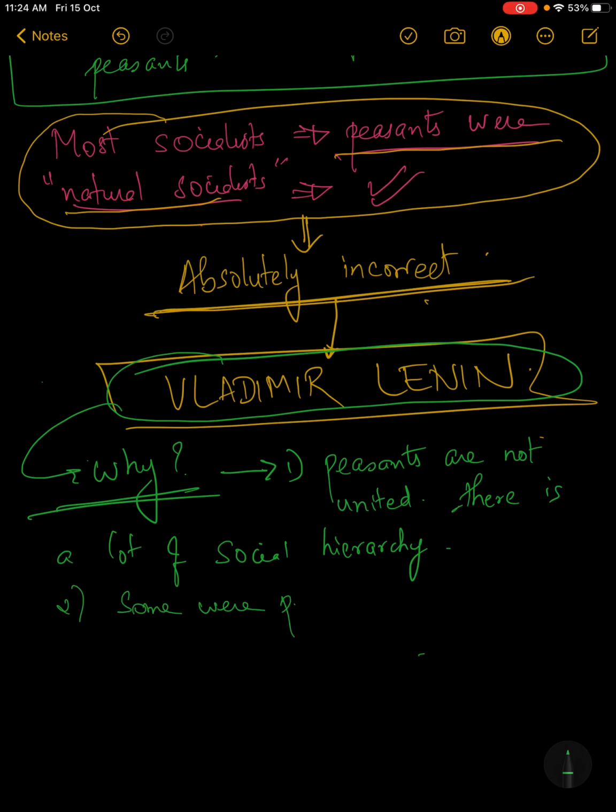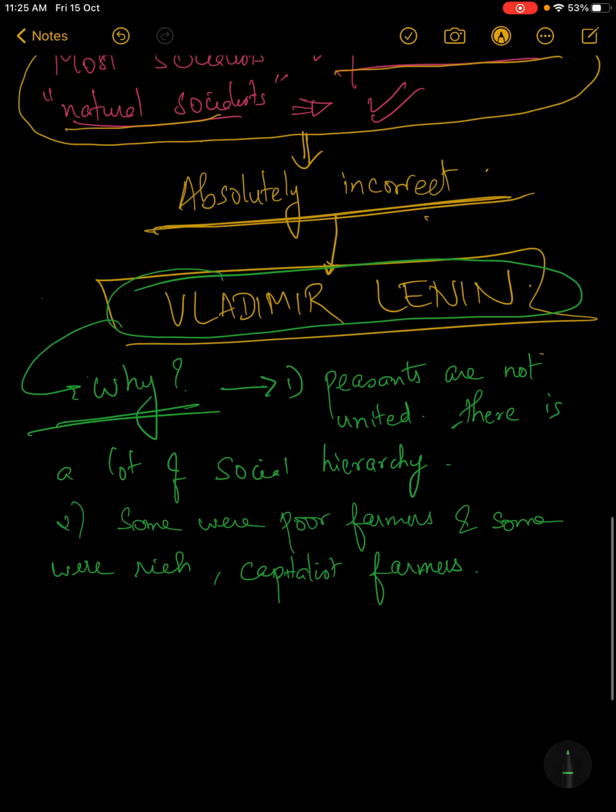Some were poor farmers working for the others, and some were rich capitalist farmers who employed the poor farmers.